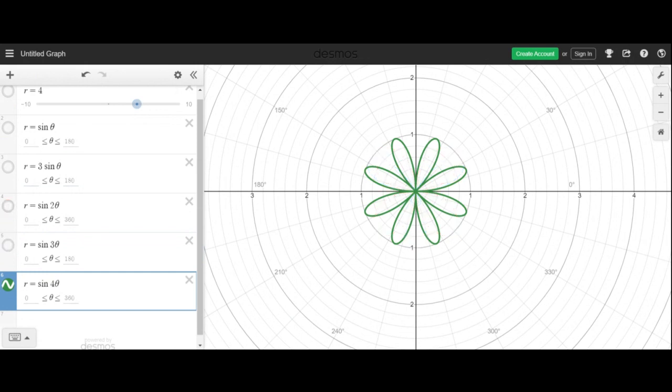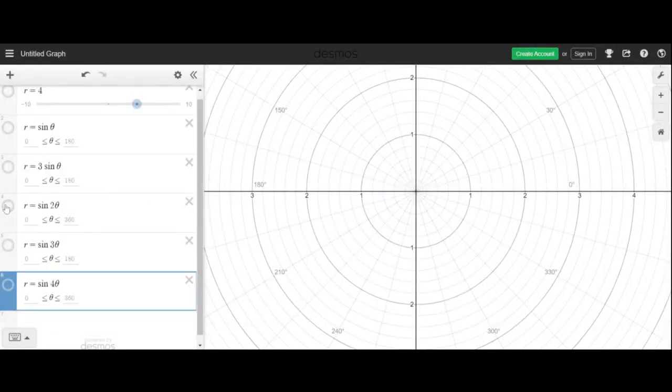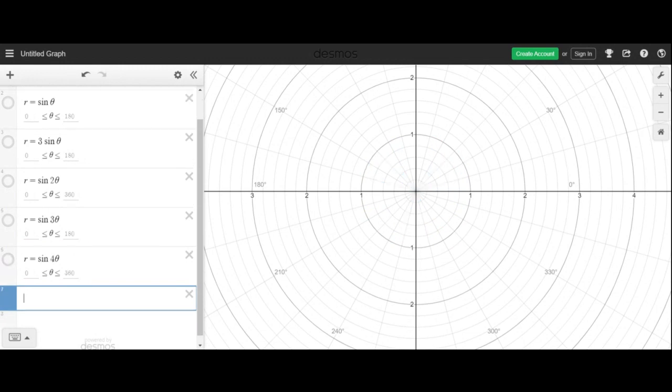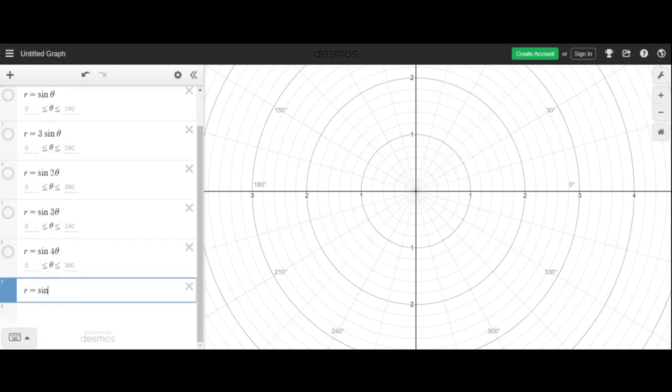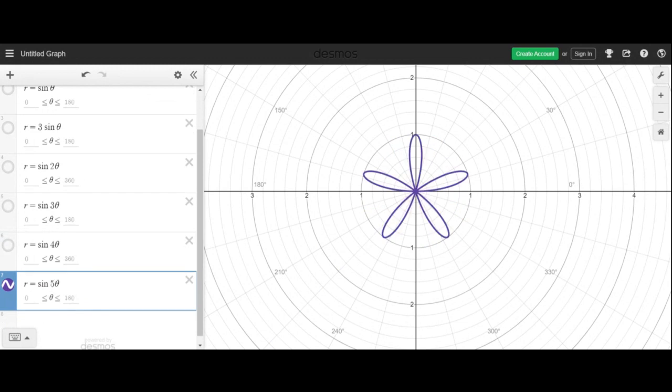So what's going on here? 4 theta gives me 8 petals. 2 theta gives me 4 petals. 3 theta gave me 3 petals. Let's see what 5 theta does. 5 theta gives me 5 petals.